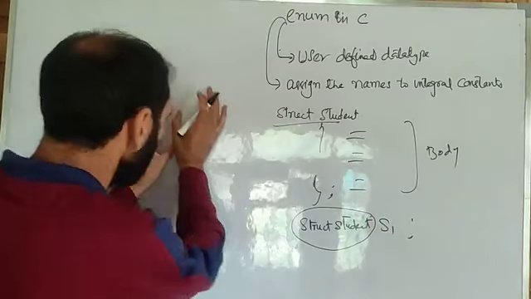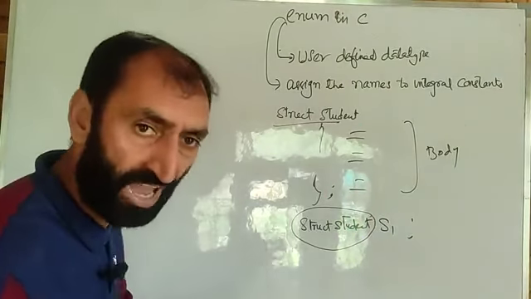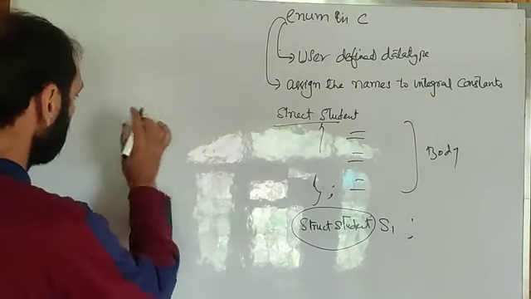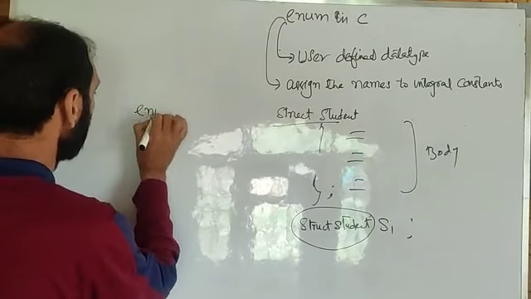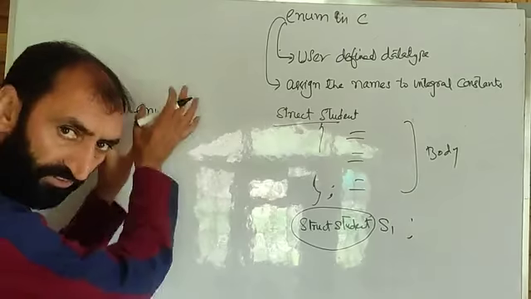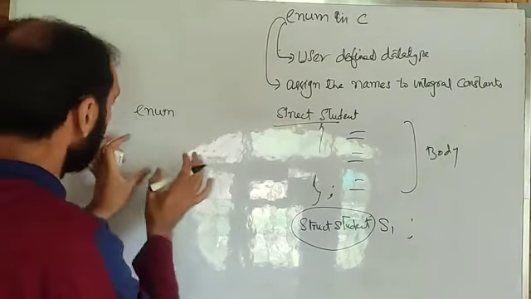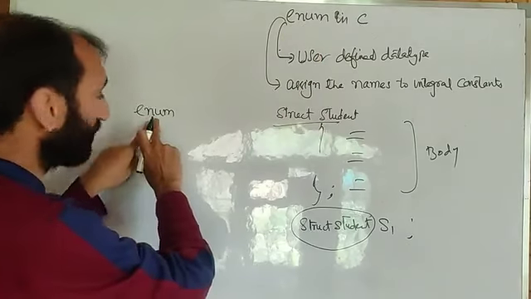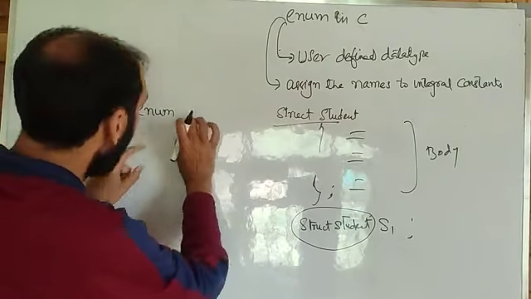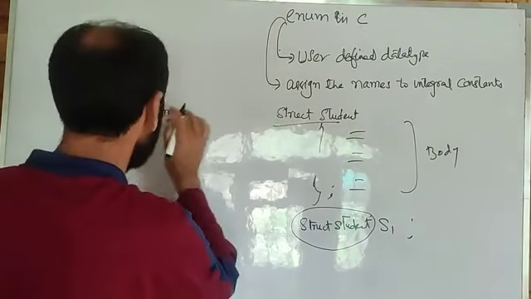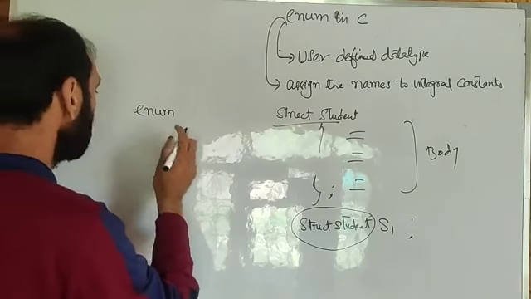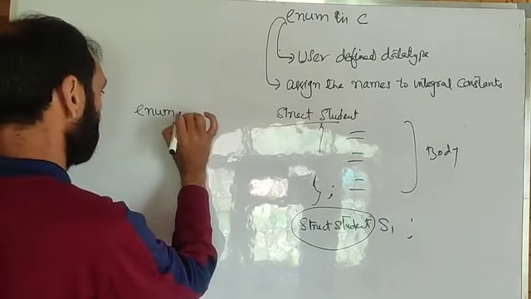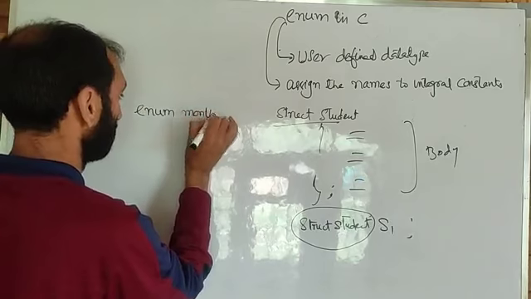In the same way, we define the enum. For example, where in a structure we write the struct keyword, here the keyword is enum. And after that we write the name of this enum, for example month.